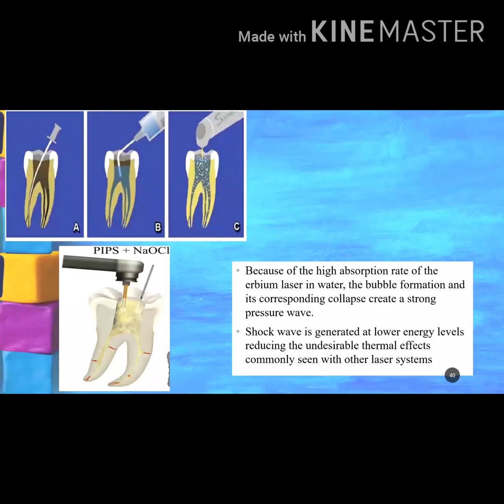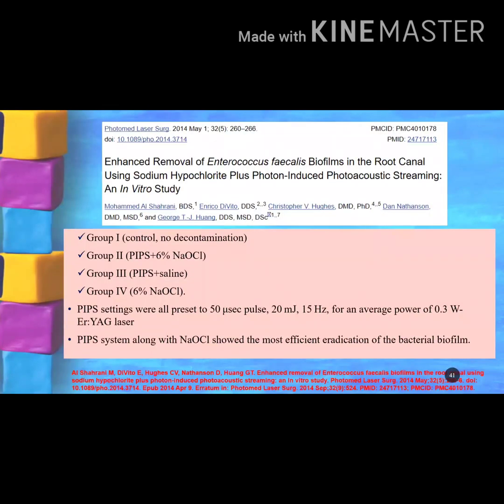The bubble formation and corresponding collapse create a strong pressure wave. A shock wave is generated at lower energy levels, reducing the undesirable thermal effects commonly seen with other laser systems. Now one article on that, Mohammed et al. have divided into 4 groups. Group 1 is control group. Group 2 is PIPS with the 6% sodium hypochlorite.